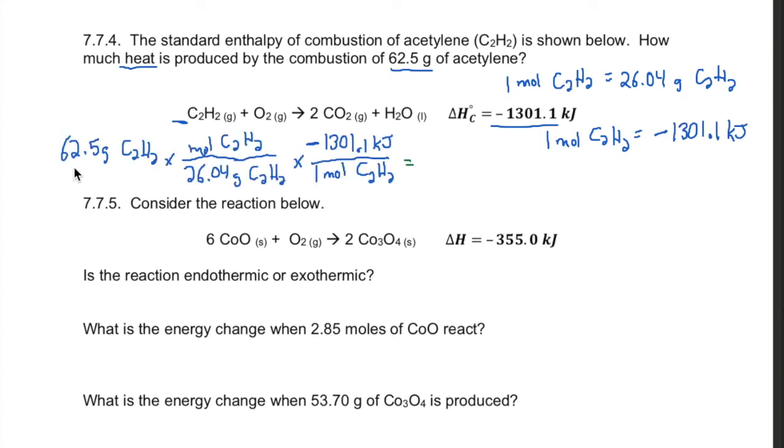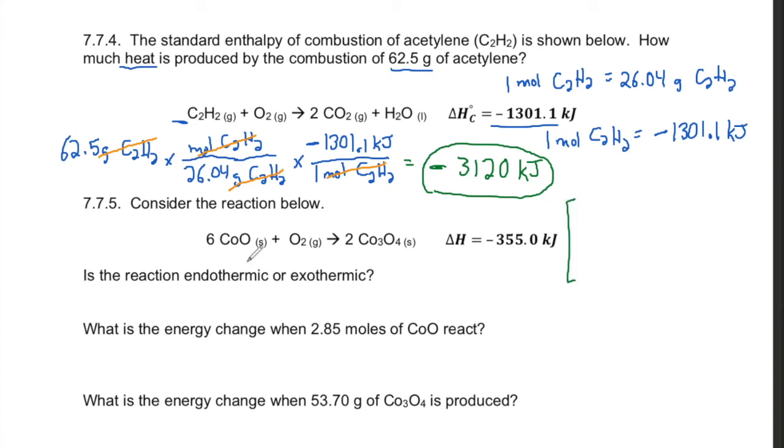So starting with the 62.5 grams of acetylene, C2H2, we'll go ahead and cancel that and convert it to moles. And then we'll cancel the moles using this relationship to convert it to kilojoules of energy. And so that comes out to negative 3,120 kilojoules of energy.